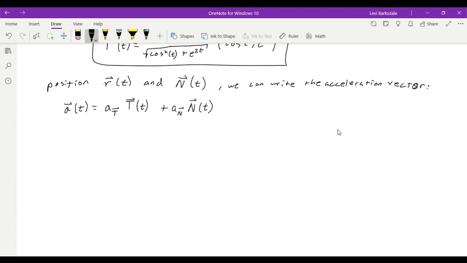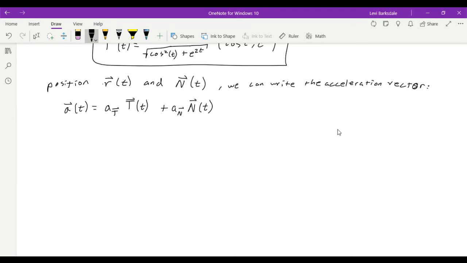And this, of course, just kind of makes sense. We're basically just saying if we have these two vectors, the unit tangent and the unit normal, well, all we need to know is the magnitude of the velocity in the tangential direction and the magnitude of the velocity in the normal direction. And with those things together, we can write our acceleration.